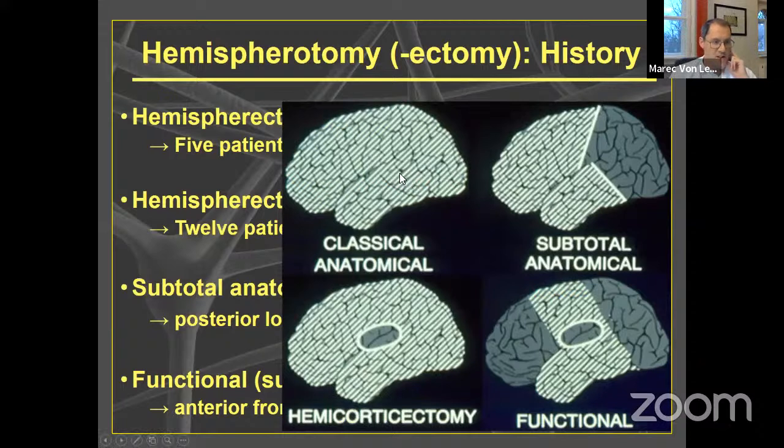So we have a classical anatomical resection of the whole hemisphere, then the basal ganglia were left behind in some instances, and then Rasmussen developed the subtotal anatomical and functional hemispherectomy, where he left larger parts like the frontal lobe and posterior lobes behind, just disconnecting them, and resected the central cortex and the temporal lobe.